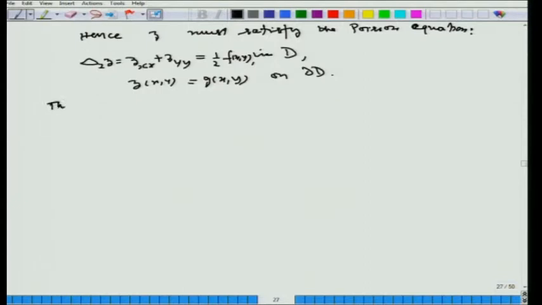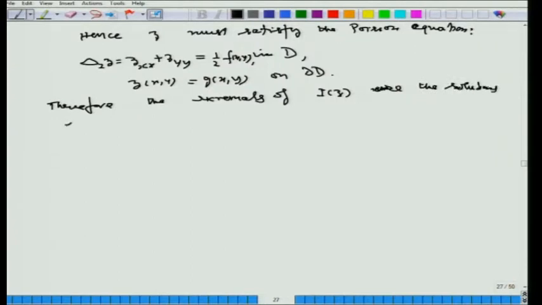Therefore, the extremals of I z are the solutions of the Poisson equation.